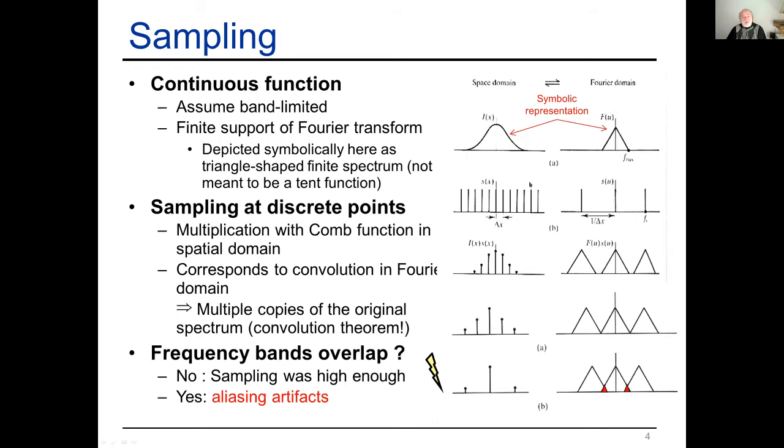The interesting thing is what happens in Fourier space, right? Let's say we have a dense sampling here in the spatial domain. This corresponds to a wider sampling in the Fourier domain. So the Fourier transform of a comb function, as we just saw, is again a comb function, but with wider spacing. Now the trick is, what does the convolution of any function with a comb function actually give you?